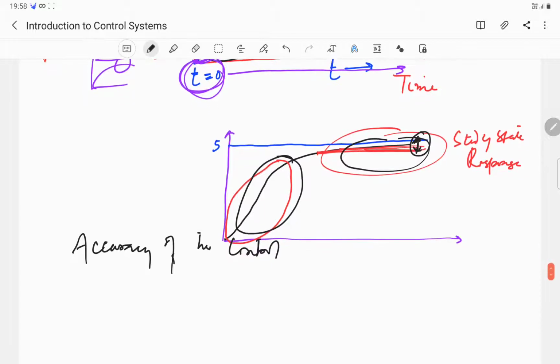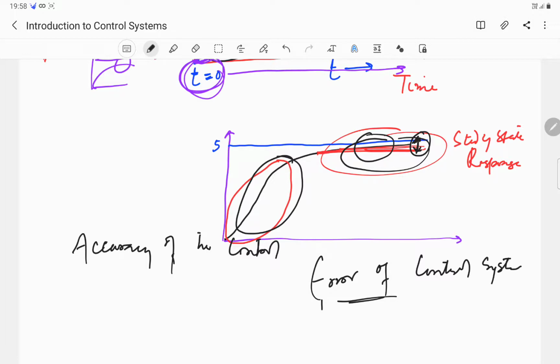So as far as accuracy is concerned, the difference between the actual response and the desired response of a control system is the error of the control system. If the two curves coincide or have a very small difference, in other words, if the steady state value is the same as the desired value, then we say the error is minimum and the control system is more accurate.